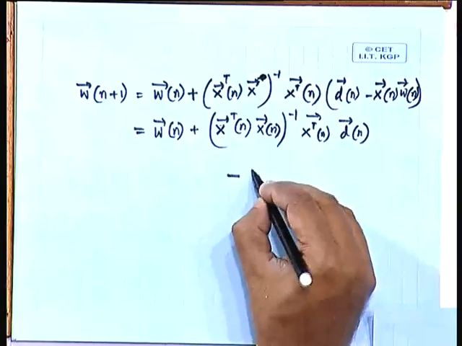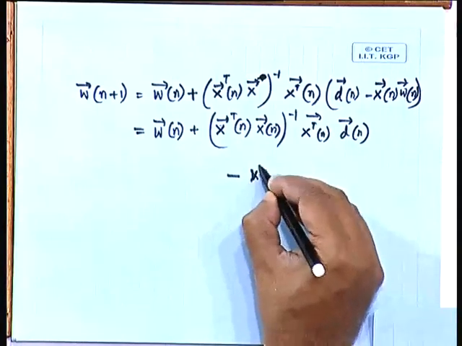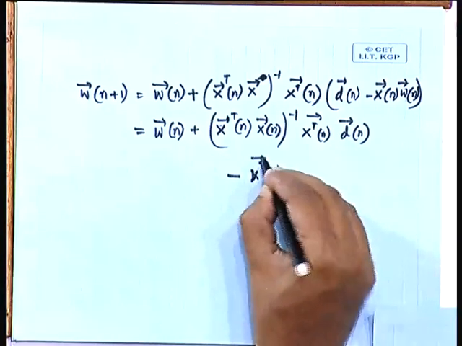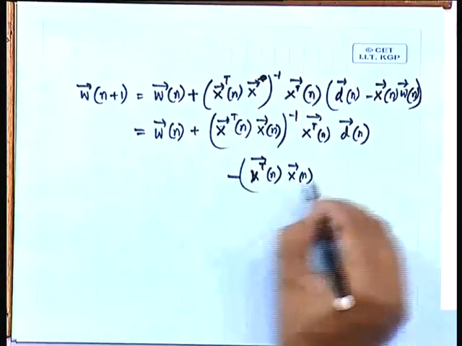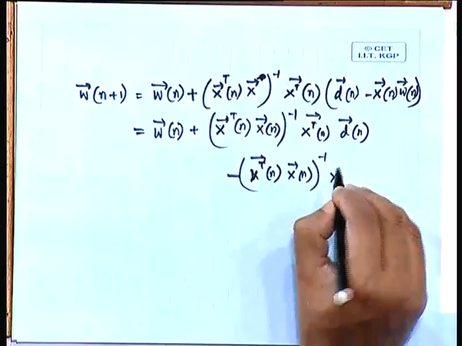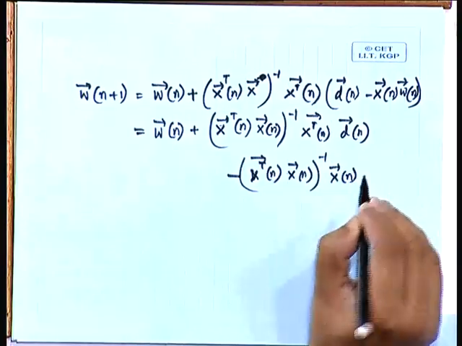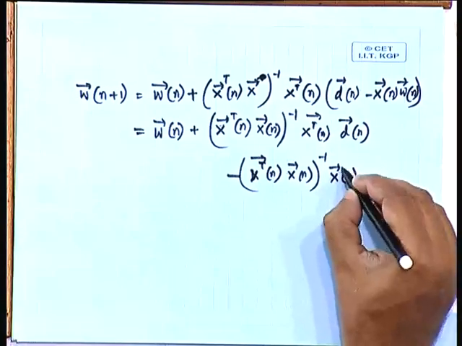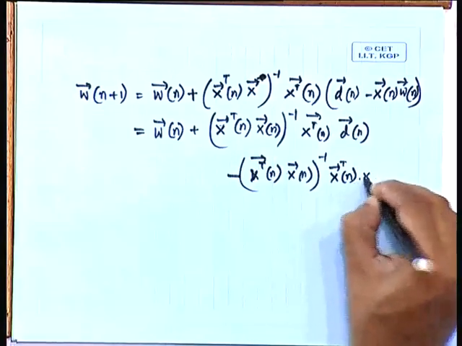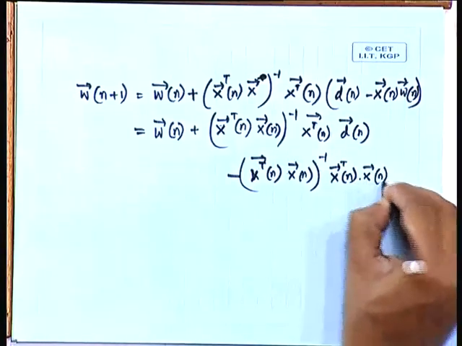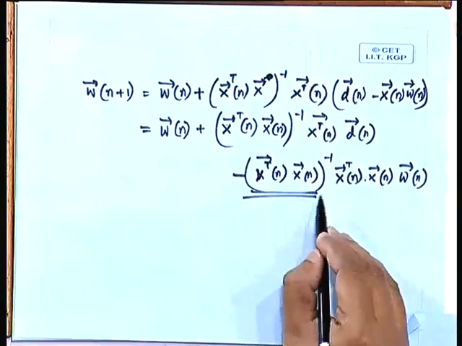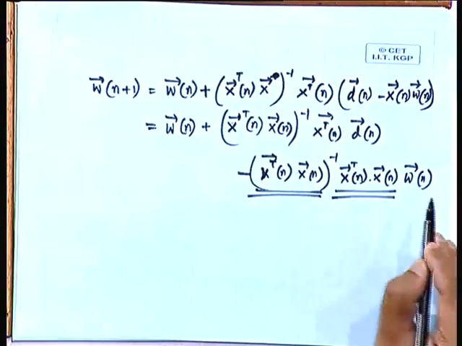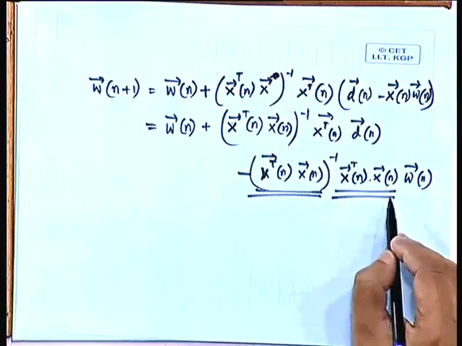We are going to get this expression X transpose n X n inverse X n, now X transpose n X n W n. So this inverse and this direct. So what is it going to be?